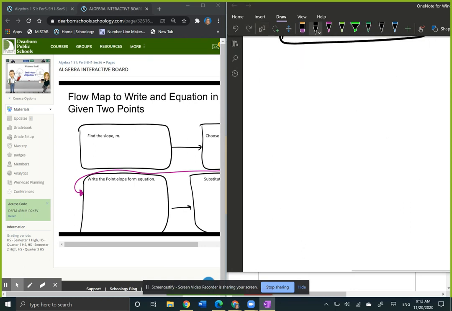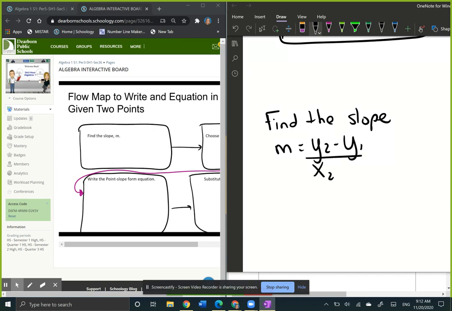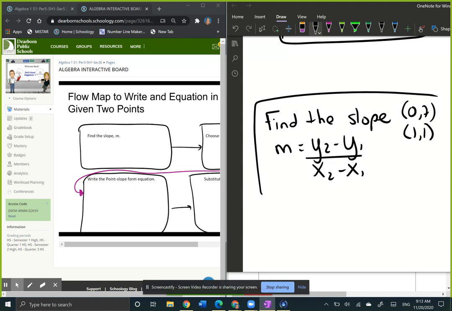All right. So I need to find the slope. Slope is equal to y sub 2 minus y sub 1 divided by x sub 2 minus x sub 1. Well, my points were 0, 7 and 1, 1. And again, some of you may have different points, because I know that the graph is hard to see.